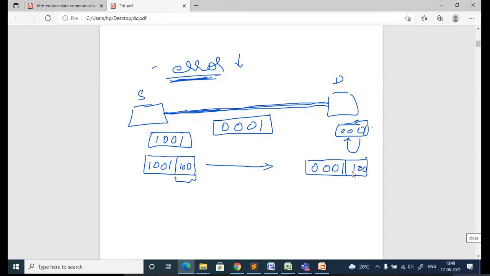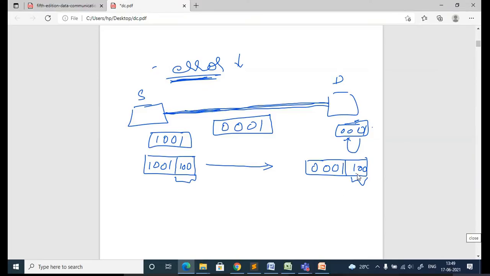Now the receiver, or the destination, can check whether the data received is correct or not. How is the destination going to check? Here we have extra bits, which have some relationship with the data. We have some method to calculate how to add these extra bits.